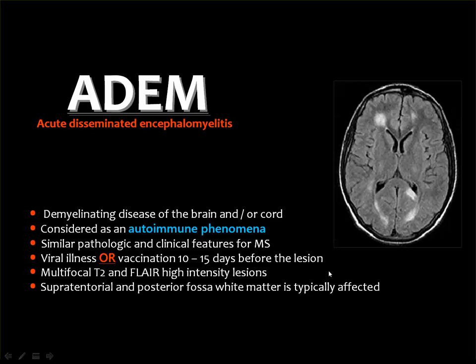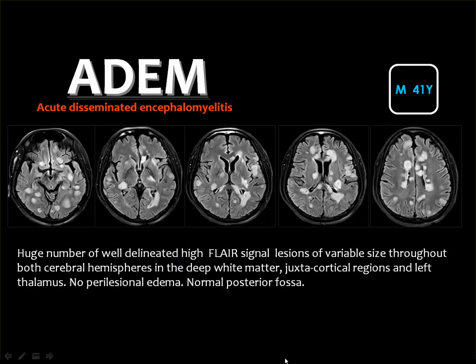One of the differentiating points is the presence of viral illness or recent vaccination within 2 weeks of the disease onset. You get multiple periventricular high signal foci in T2 and in the FLAIR images. These lesions will not show diffusion restriction, and they will not show enhancement in many cases.